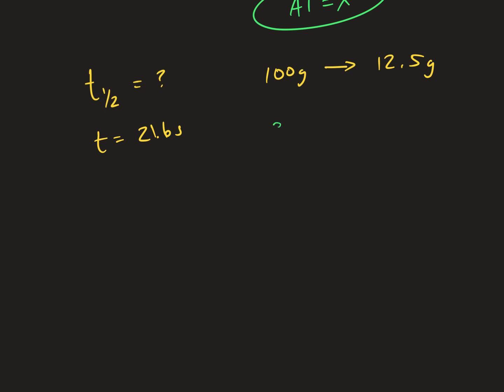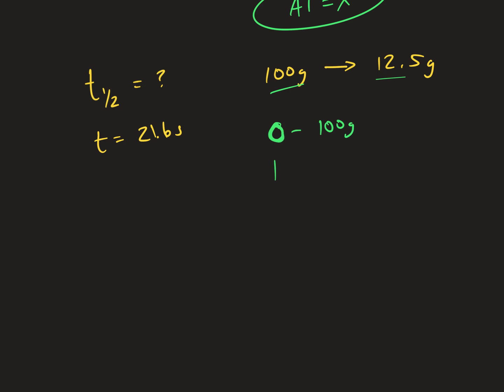So at time 0, how much of this sample do I have? 100 grams. Y'all with me? We start with 100 grams and end with 12.5 grams. So when we start that stopwatch, that's why I just say time 0.